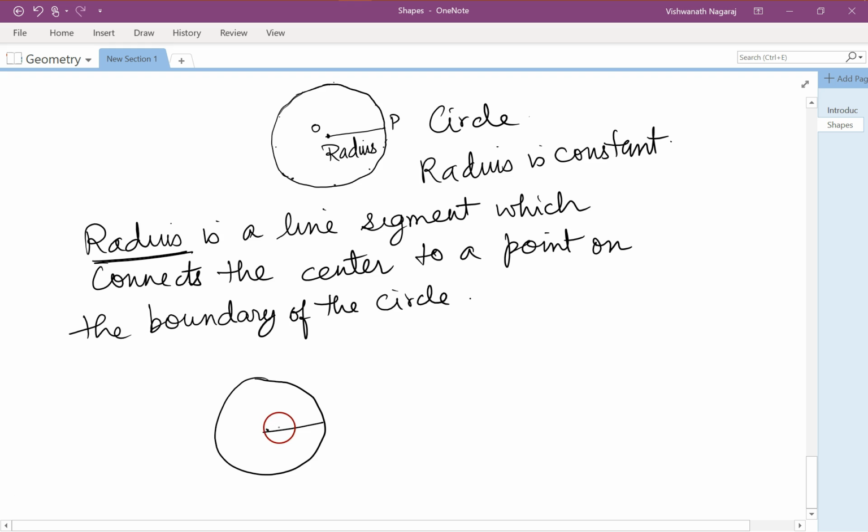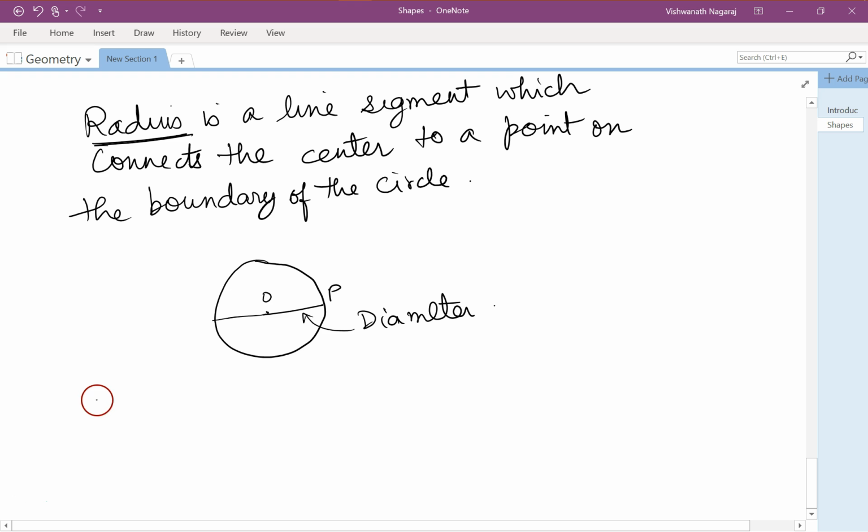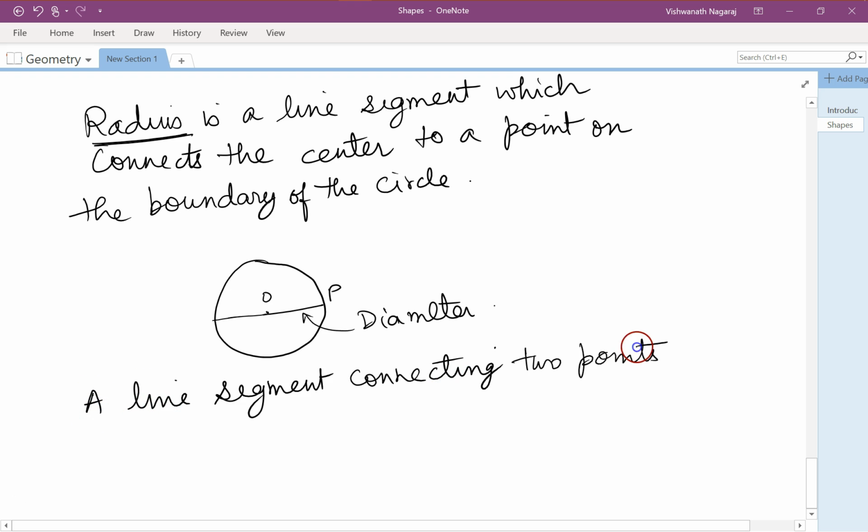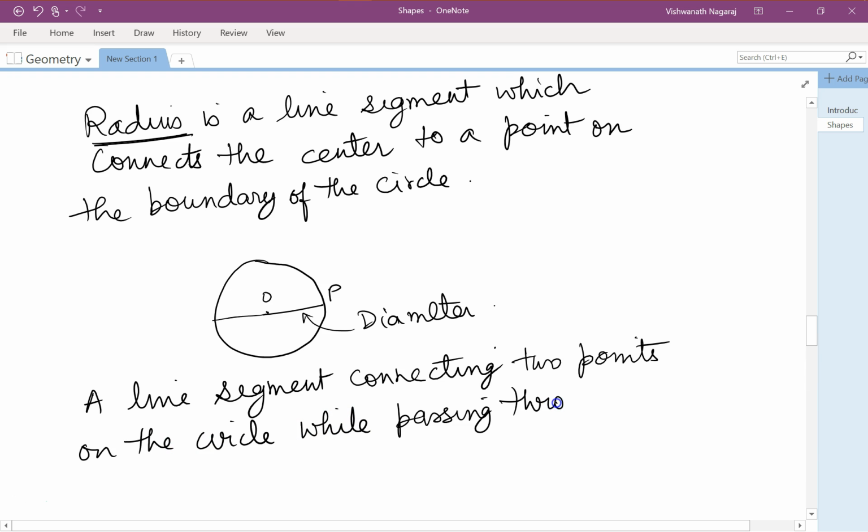Now if we extend this to the opposite end, we get what is called as diameter. So a line segment connecting two points on the circle while passing through the center is called the diameter.